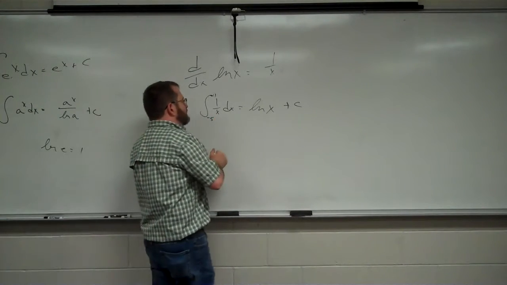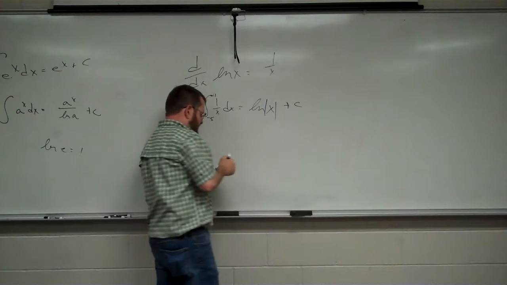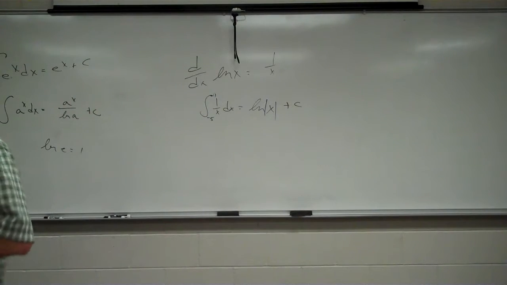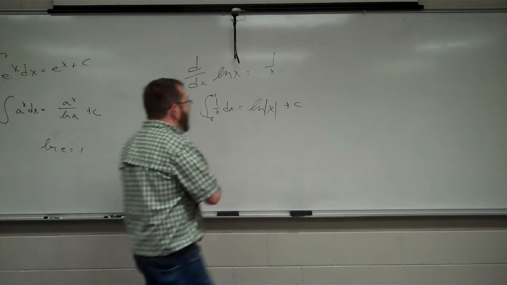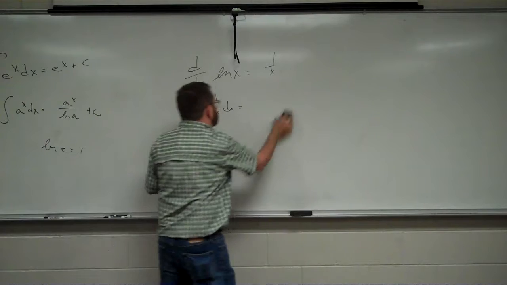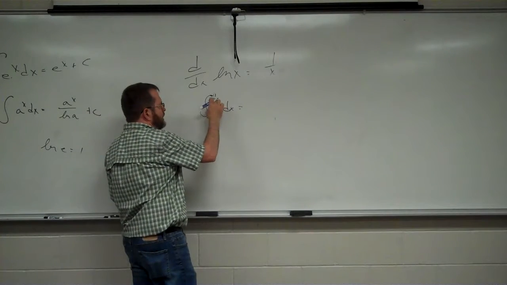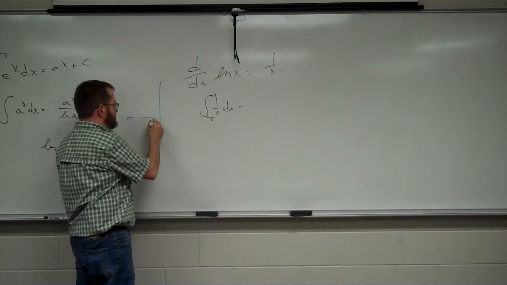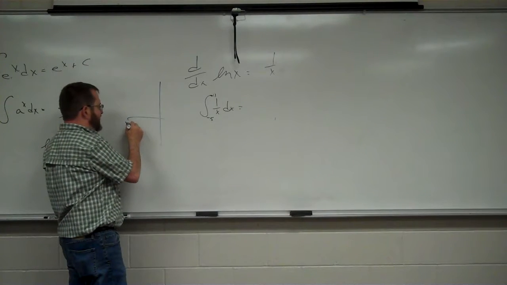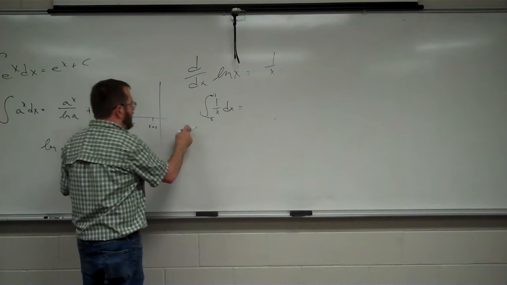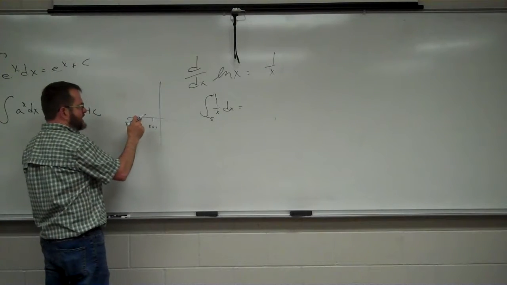The integral of 1 over x dx is the log of the absolute value of x. So, for example, let's actually do this one: the integral from x equals negative 5 to x equals negative 1 of 1 over x dx.